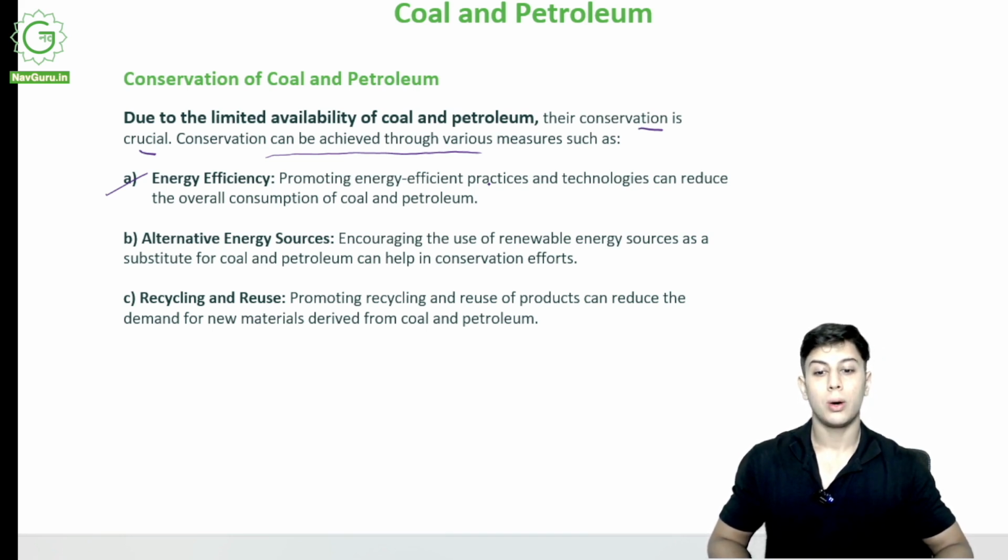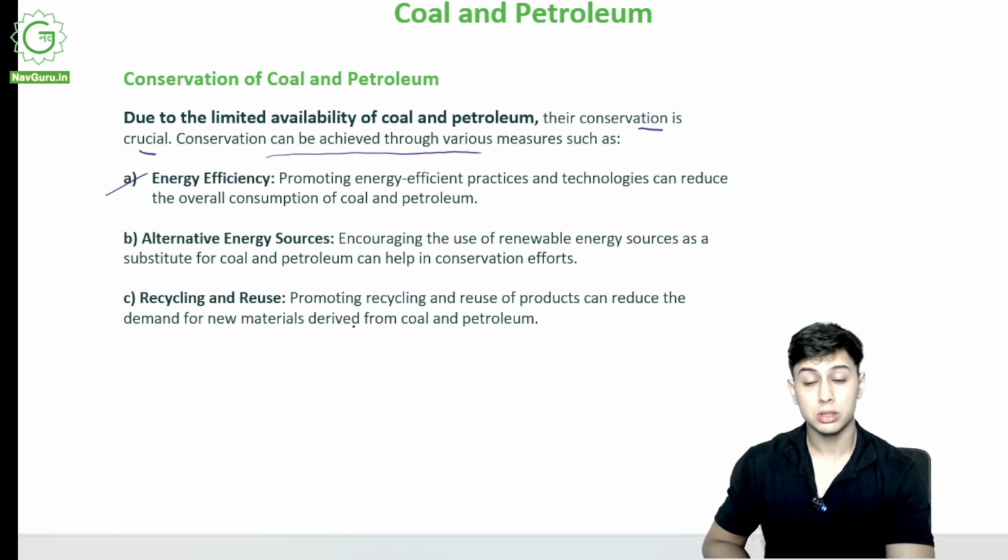All right. Alternative energy sources. I can switch to some renewable resources, if it is possible. For heating my water in winters, I would not use coal because it is limited. I could use a solar heater, or some other renewable resource. So, alternative energy sources means encouraging the use of renewable energy sources.